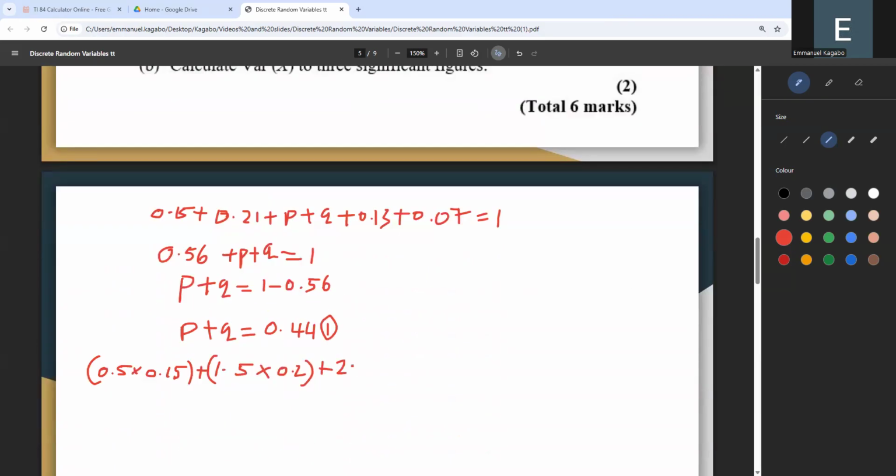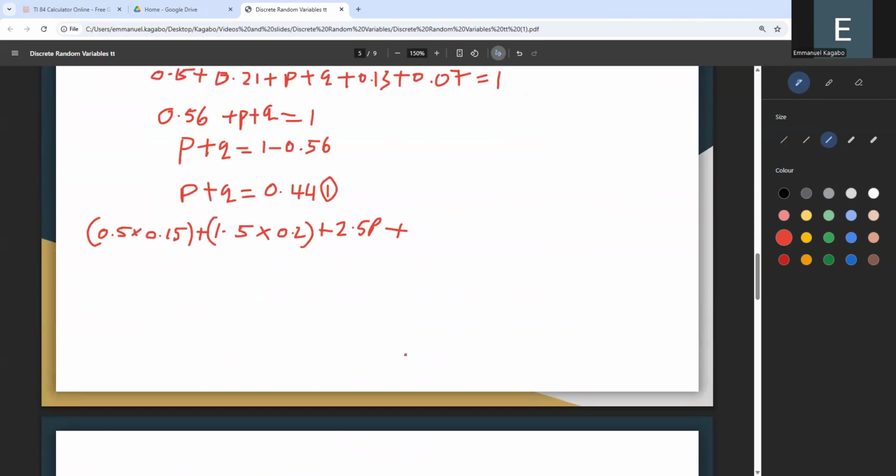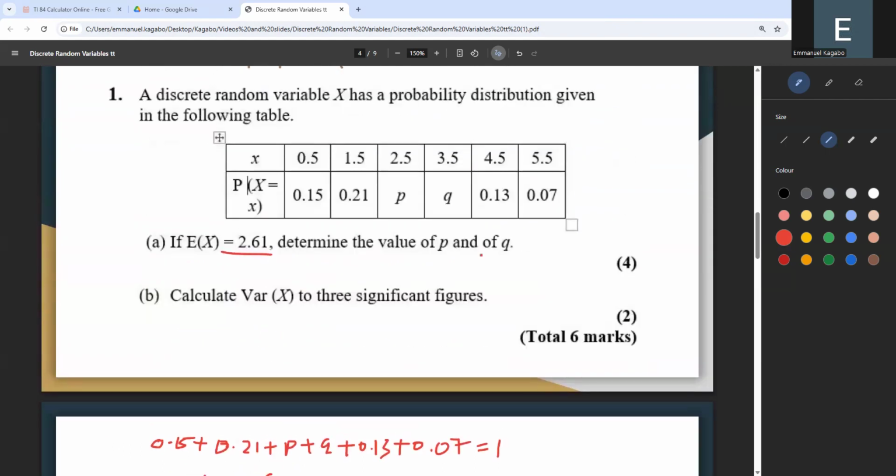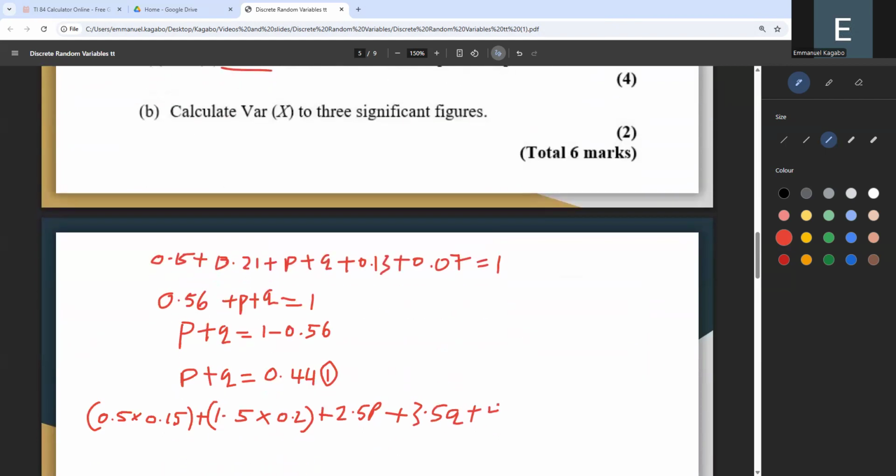It's easy to do. 2.5 times P, that gives me P. Plus the next one has Q, 3.5Q, plus the next one is Z, 4.5 times Z, 0.13 altogether. Let me confirm, go back to the question.